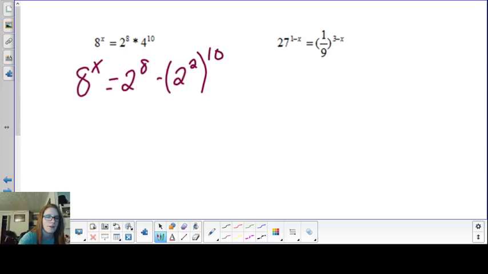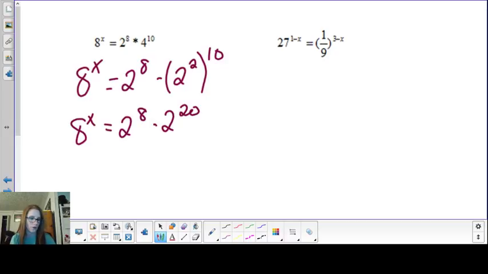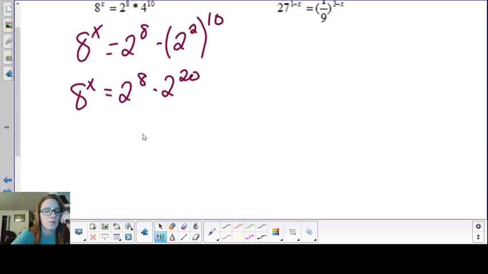And that 10 is still hanging out there. So I have 8 to the x is equal to 2 to the 8 times 2 to the 20, because 2 times 10 is 20. Now that those are the same bases, I can add the exponents. So I have 8 to the x is equal to 2 to the 28.